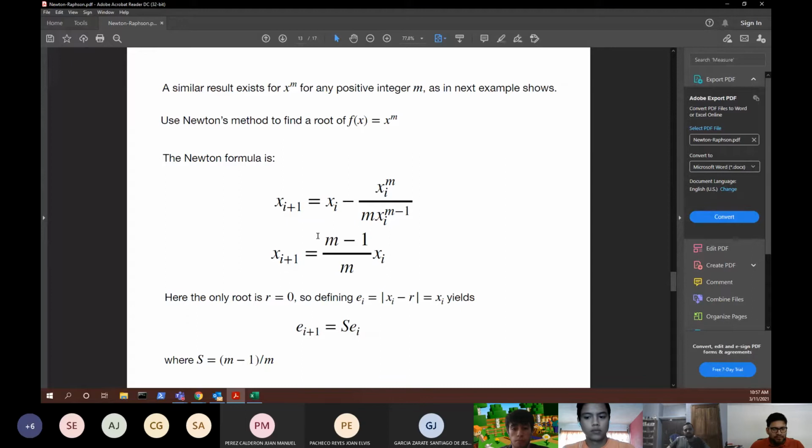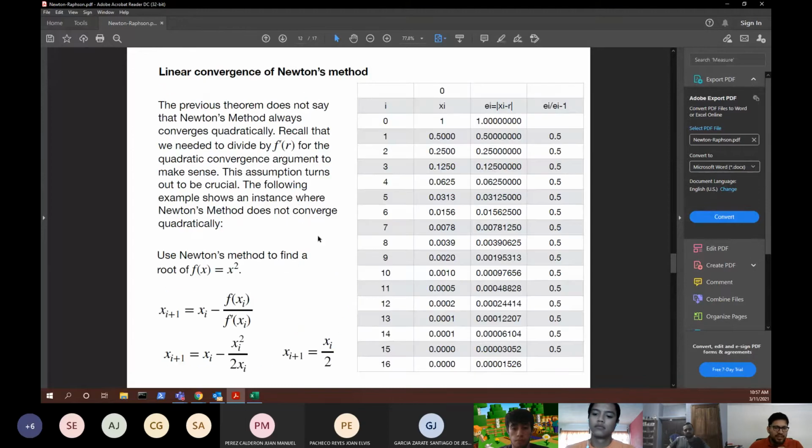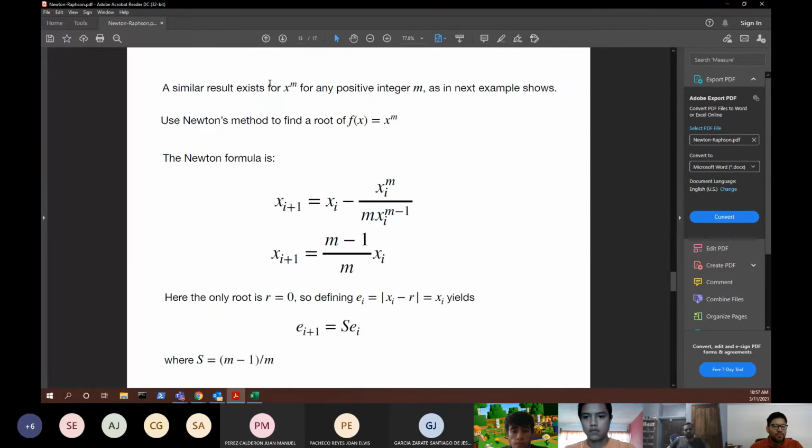So if we want to generalize this case, instead of having x squared, I have x^m for any positive integer m. So we have this form, right? Okay, so the Newton's equation is going to be equal to this: f(x) is equal to x to the power m. Any of those.